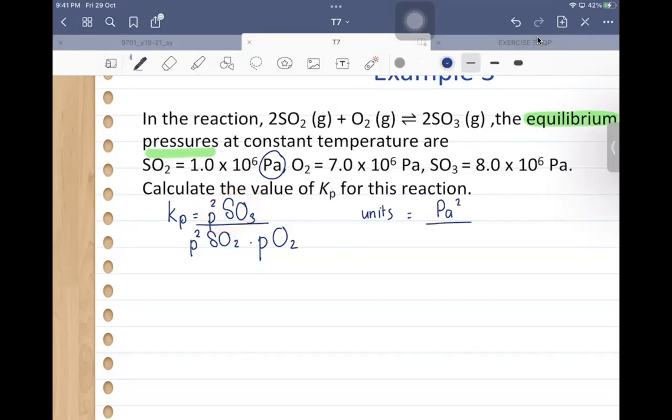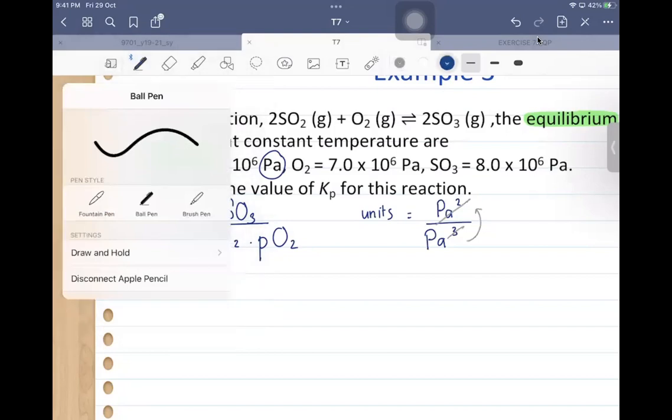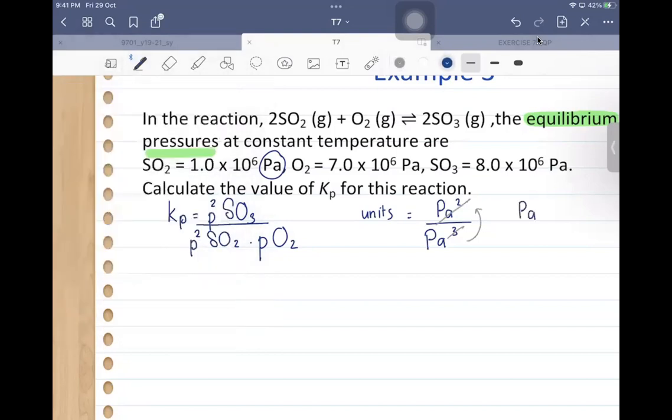Bottom is Pascal cubed, because you've got 2 here and then you just have 1 here. So what happens is that they will cancel out 2 and this becomes just 1, and you bring that up. Pascal now becomes Pascal to the power of -1.